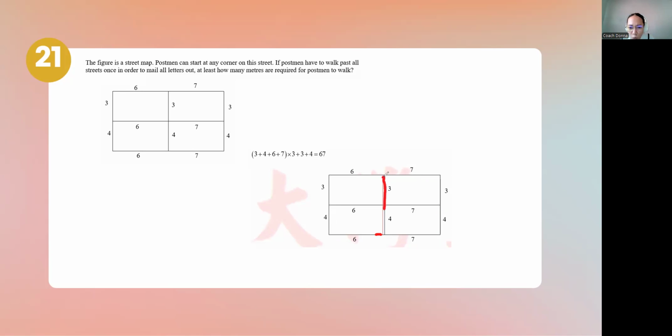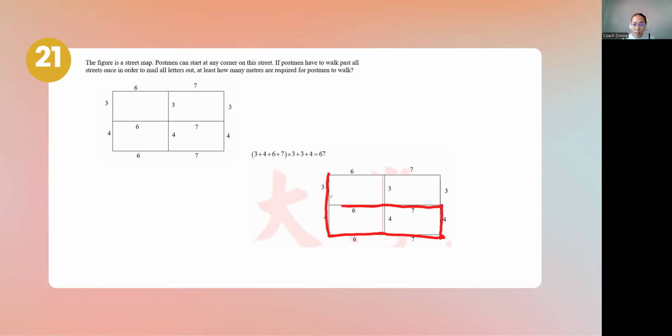3, 4, if we do here, if you do this one here, 3, 4, 6, 7. Okay, 3, 4, 6, 7. And then you'll pass through 4, 7, 6.